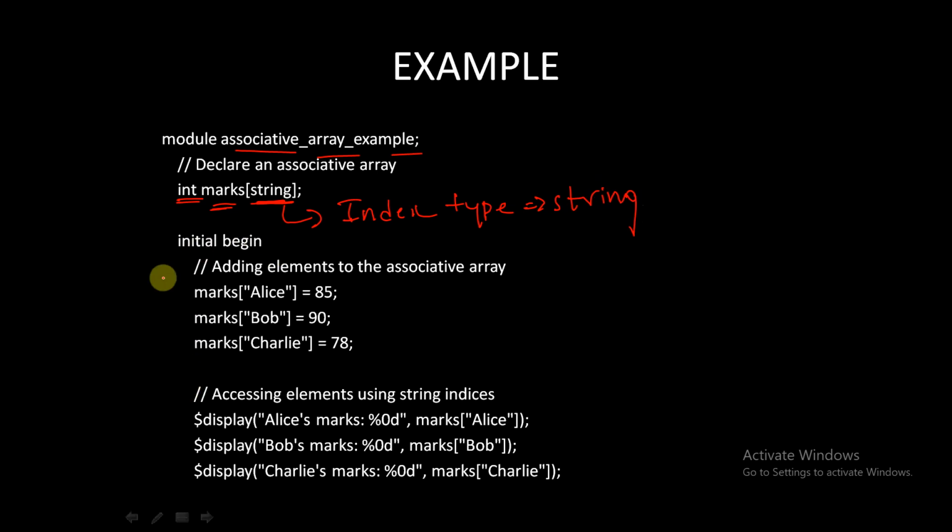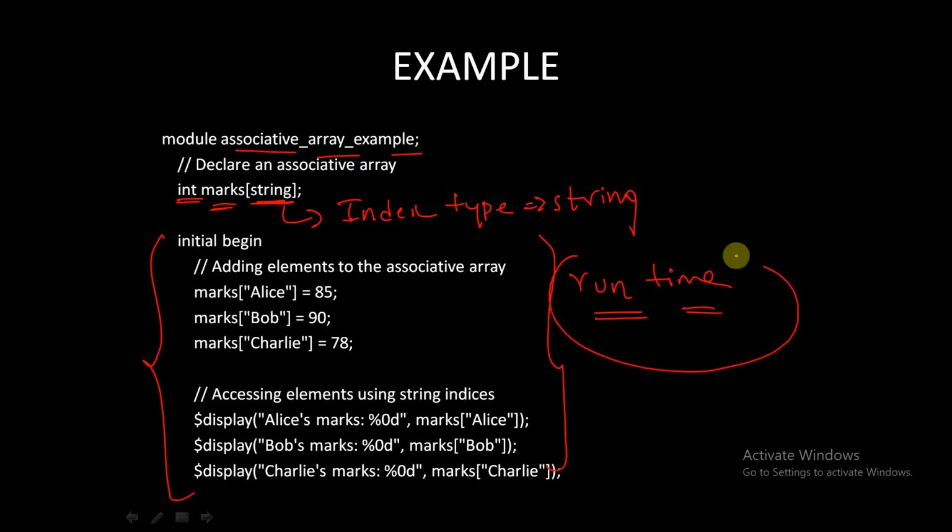Within an initial begin block, this is runtime. We have discussed runtime and compile time in our previous sessions, so if you haven't watched it, please watch that to learn what is meant by runtime and compile time.